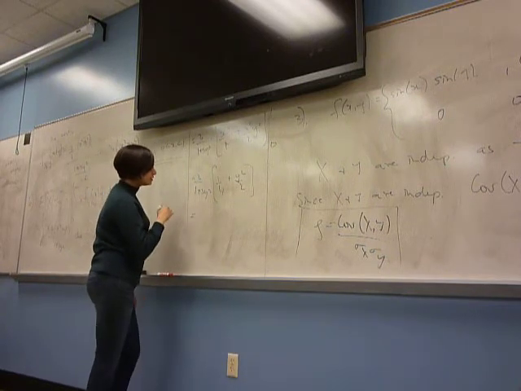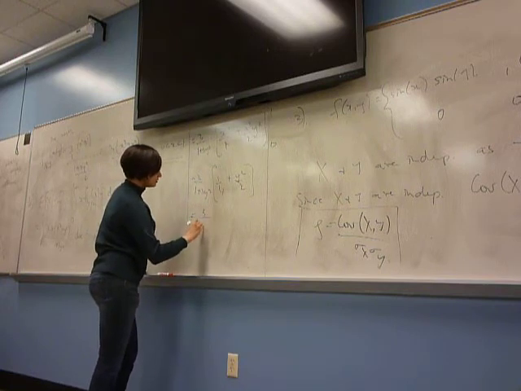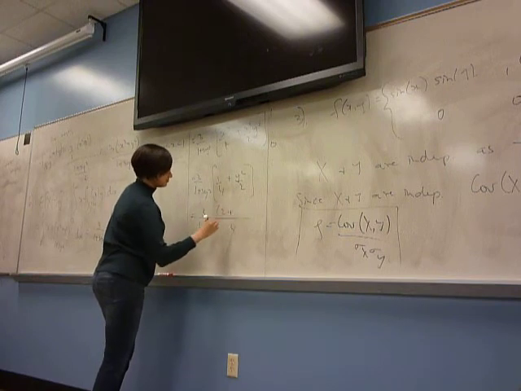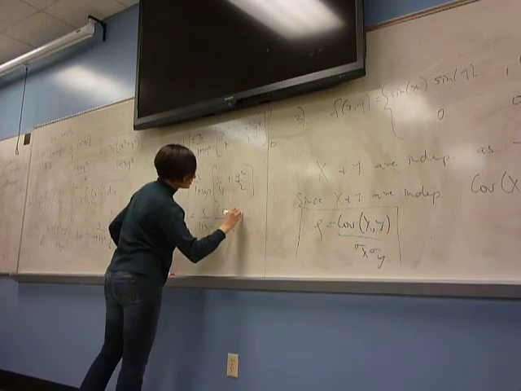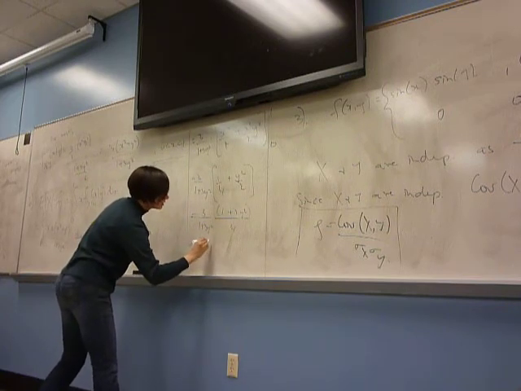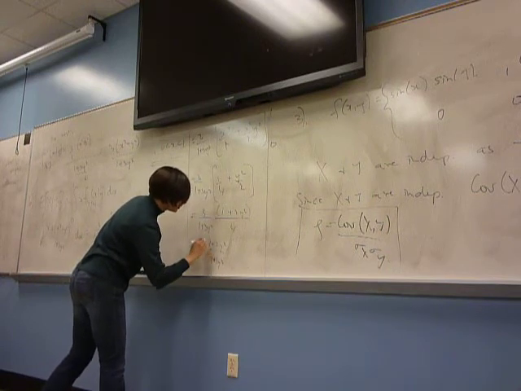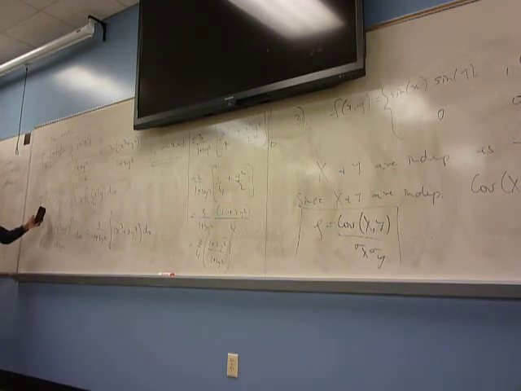So the answer is 3/4 times 1 plus 2y squared over 1 plus 3y squared. So that's a conditional expectation.